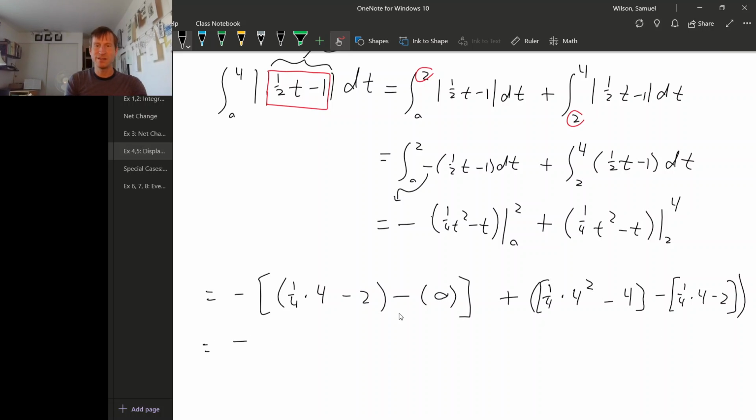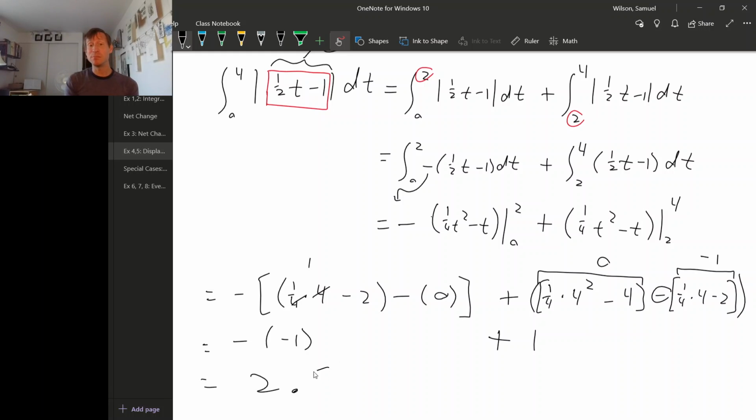Okay, so minus, let's see, this is 1, 1 minus 2 is minus 1, plus, and then over here, this part comes out to be 0, and this part comes out to be minus 1, but it has another minus sign, so it's plus 1. So altogether we get 2, it looks like.